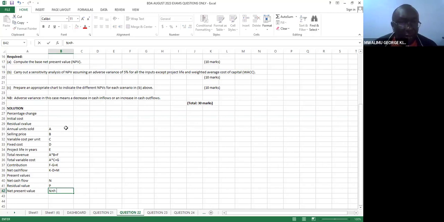I should have labelled the initial cost, so let's call it R. It's no harm. So minus R. Should have begun with that.